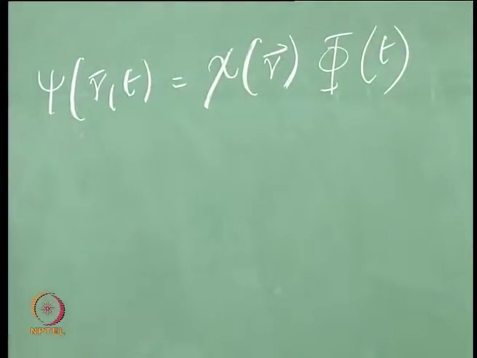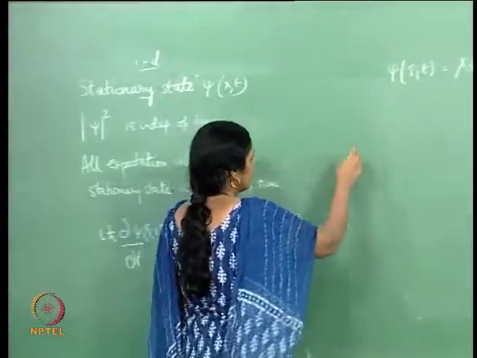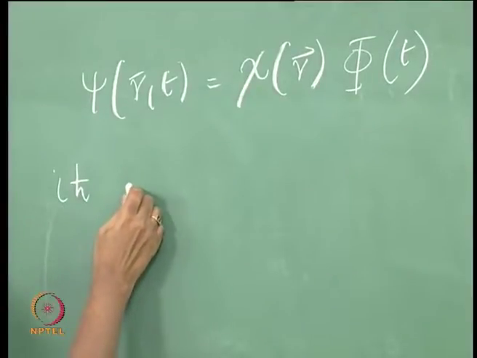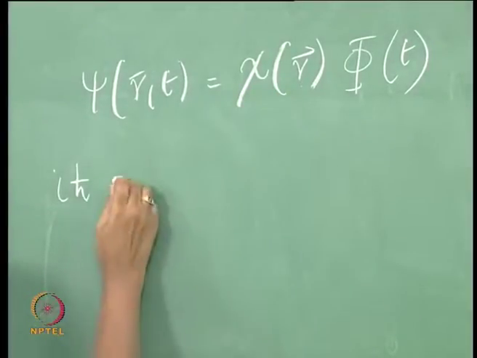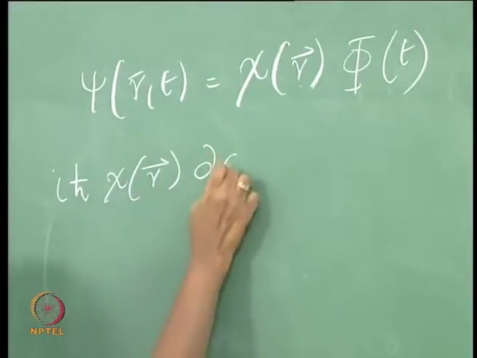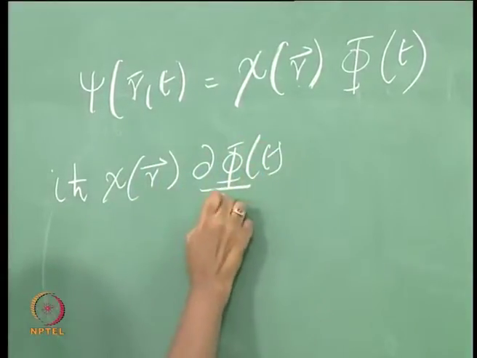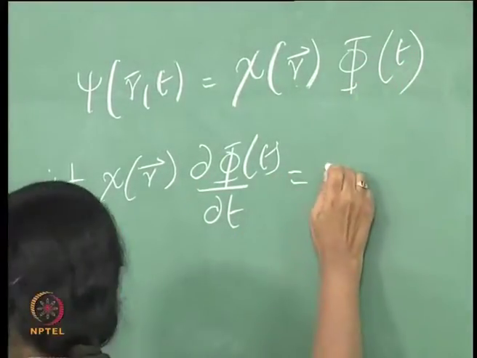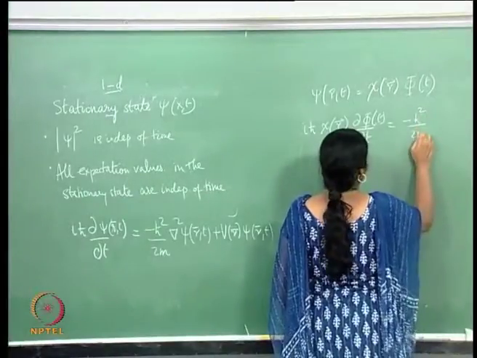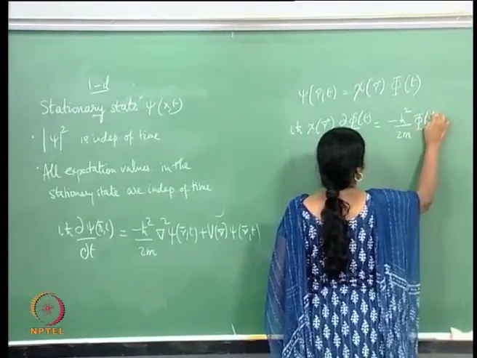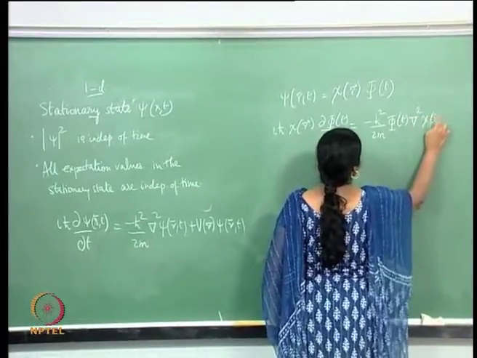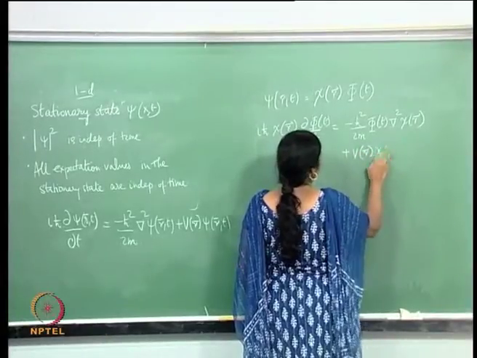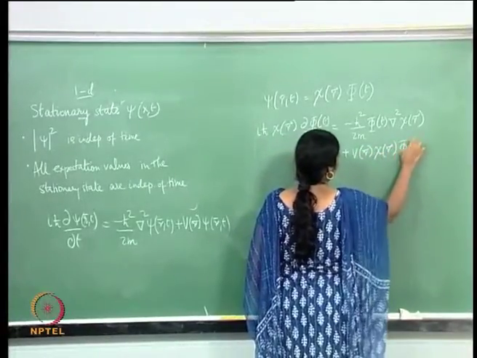If I do this and feed this back into that equation, I have iħ, the time dependence does not act on χ, that is my left hand side. The space derivative does not act on φ, and of course I have plus V(r) χ(r) φ(t).